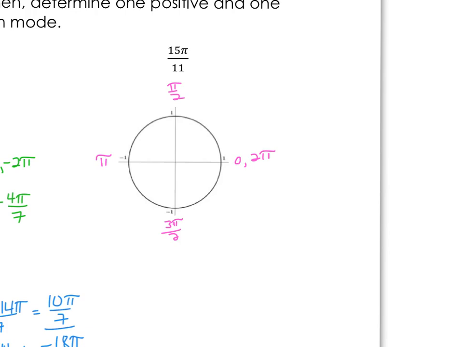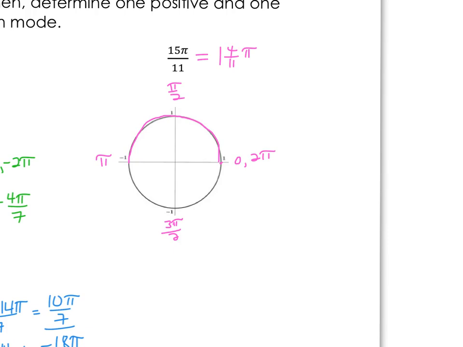15 over 11. As we think about starting on the right-hand side and going along the circle, 15 over 11 is definitely bigger than 1/2, and it's actually even bigger than 1. Is it bigger than 1.5 though? If we have 15 over 11, that's the same as 1 and 4/11 pi.